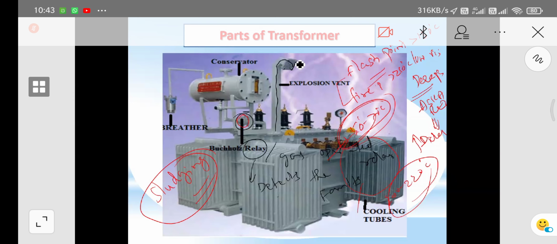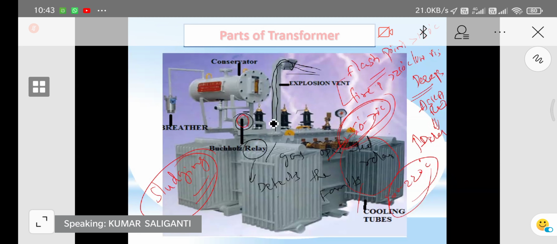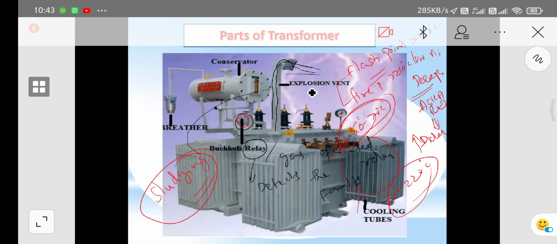Due to that vent, much of the air comes outside. Suppose air forms with the heavy oil and current, then the transformer gets damaged and blows out. In order to avoid the blowout, the explosion vent is there to release sufficient air through the valve.